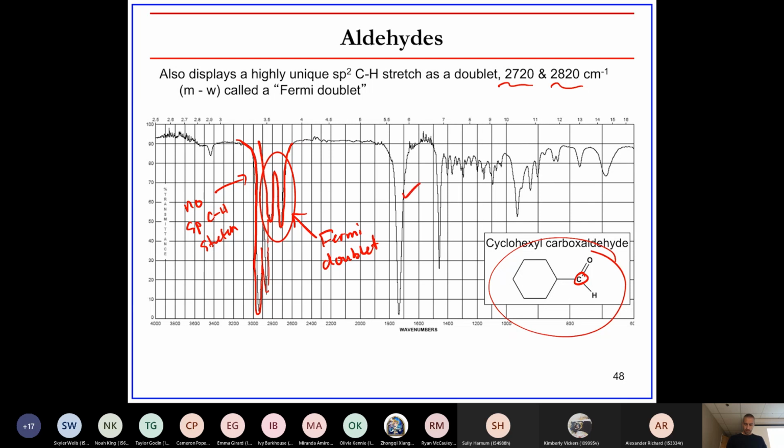See the carbonyl peak. Other than that, you see a whole bunch of sp3 CHs. You're going to find that these sp3 CH stretches aren't that diagnostic because most molecules will have them, so you expect almost everything to show that. But that Fermi doublet is definitely unique for aldehydes.